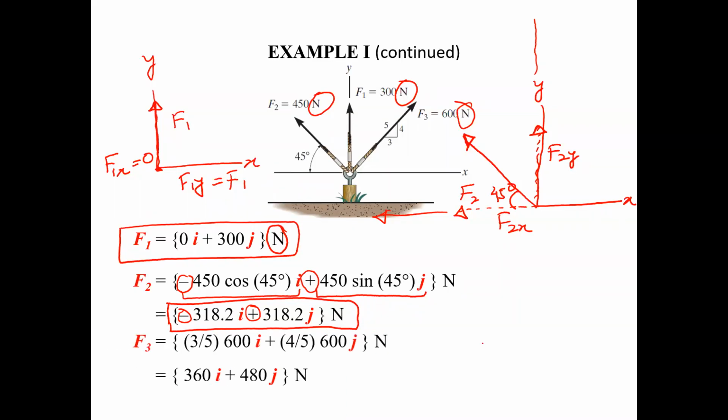Now let's talk about F3. Okay. Again, this is your X and Y axis. This is X axis. This is Y axis. Okay. And F3 is somewhere here. All right. This is your F3. Okay. So this is your F3X, and this is your F3Y.